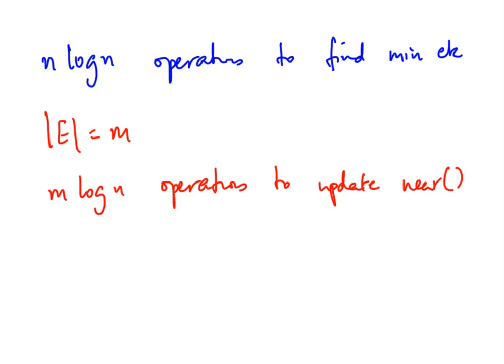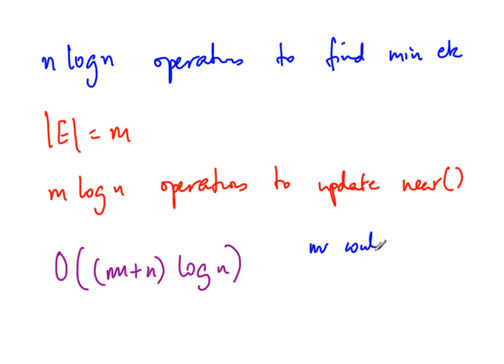So this gives us a total complexity of order (m plus n) log n. Now one thing to keep in mind is that m could be order of n squared.